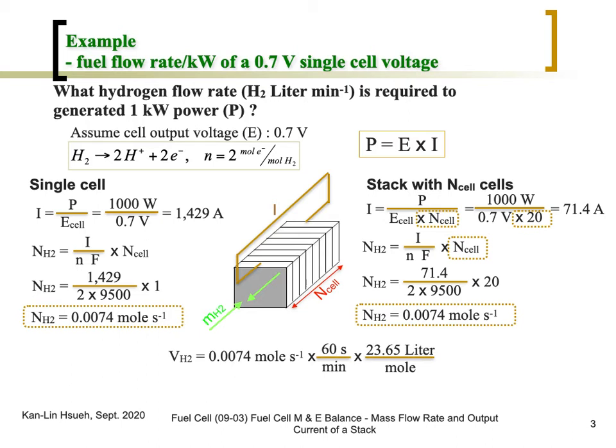The volumetric flow rate of hydrogen you can calculate by the molar flow rate times the molar volume, 23.65, and then the 60 seconds per minute is just a unit conversion to liter per minute. That's it. So this is the hydrogen flow rate for 1 kilowatt, about 10 liter per minute.